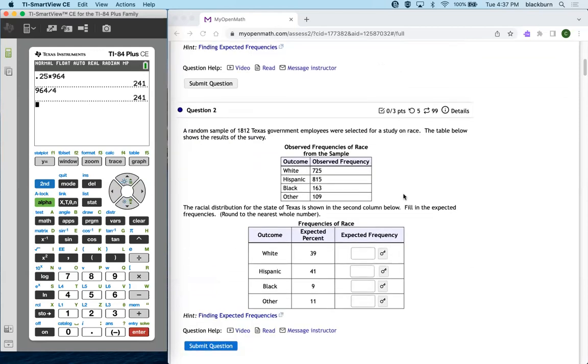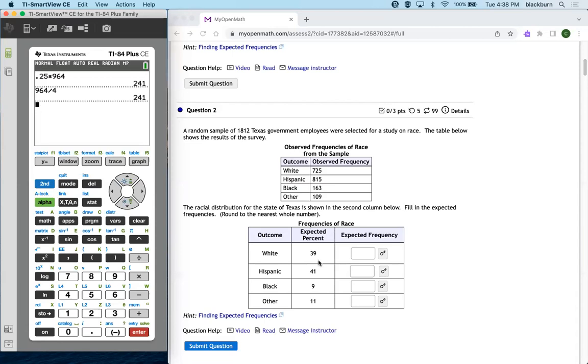Okay. A sample of 1,812 Texas government employees were selected for a study on race. The table below shows the results of the survey. The racial distribution for the state of Texas is shown in the second column above. Fill in the expected frequencies. All right, so basically we have 1,812 employees selected.